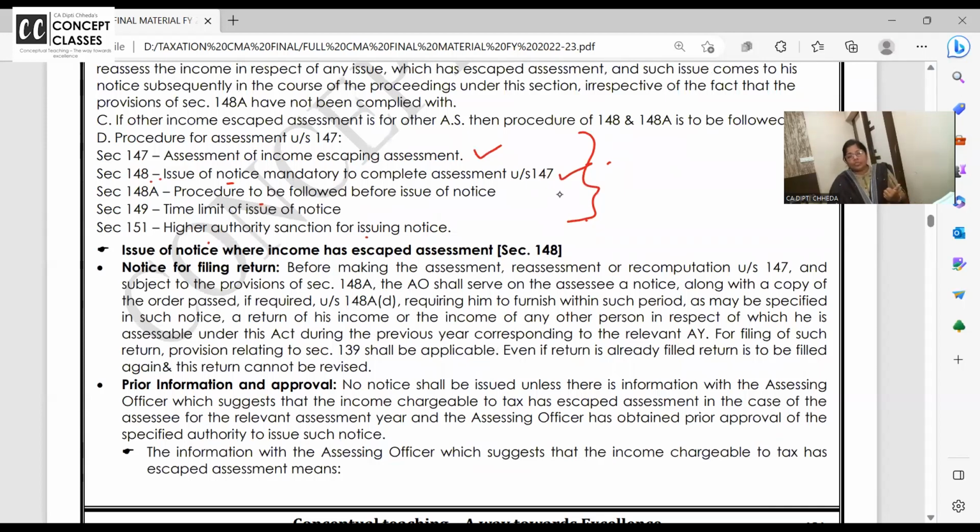While you issue the notice, you actually ask the SSE to file the return again. Ma'am, but the due date is over, even the time for the updated return under 139(8A) is over. Then also you have to file the return, for 3 years, in some cases 10 years.